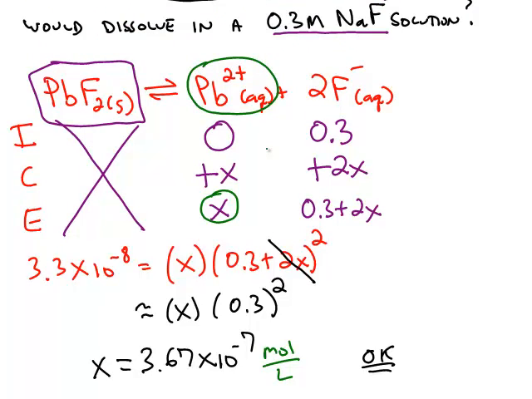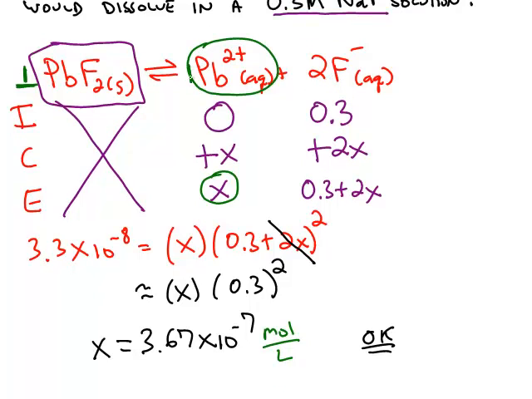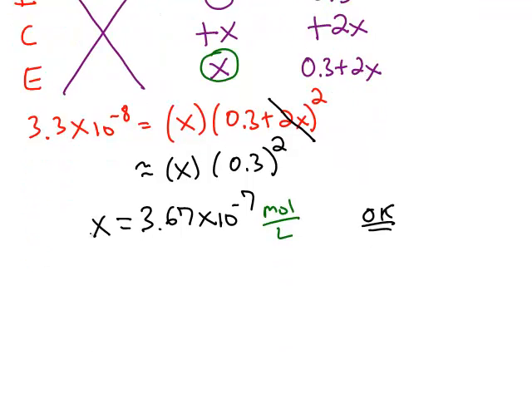But also notice the Ksp always has a coefficient of 1 in front of the solid. This Ksp reaction is always 1 mole of the solid turning into the cations and anions on the product side. So by stoichiometry, if the coefficient for lead is a 1, and the lead fluoride is a 1, this x is also the amount of moles per liter of the original solid that would dissolve.